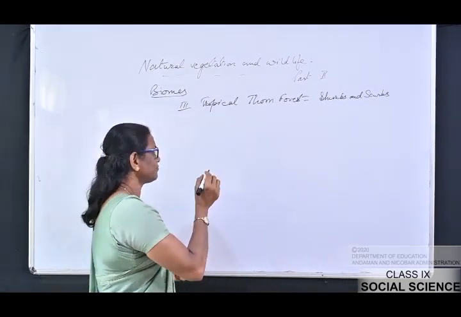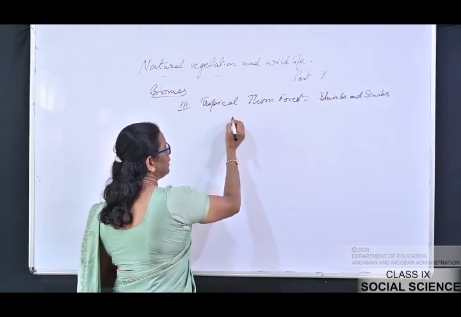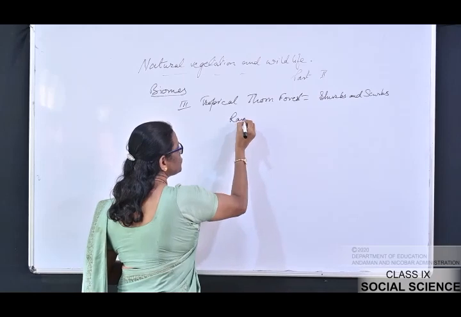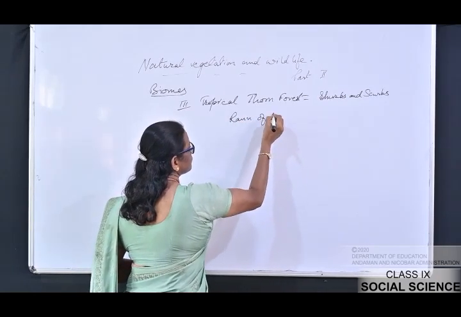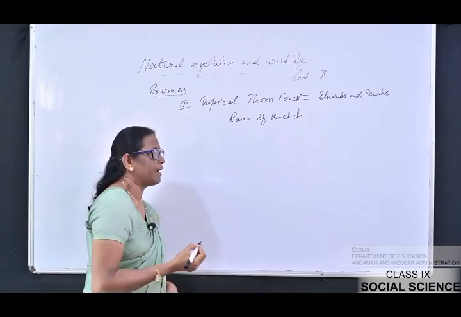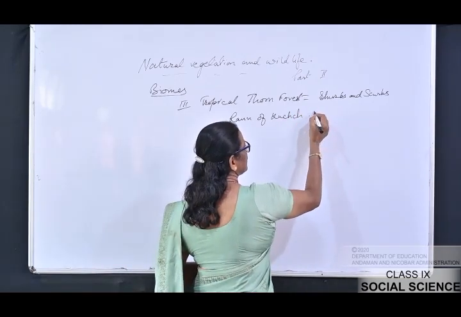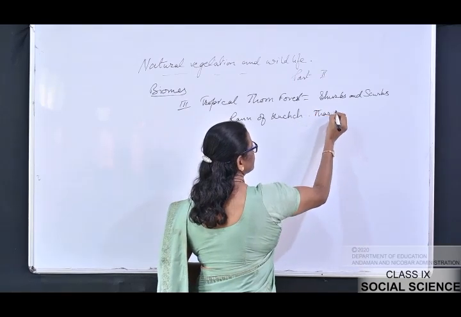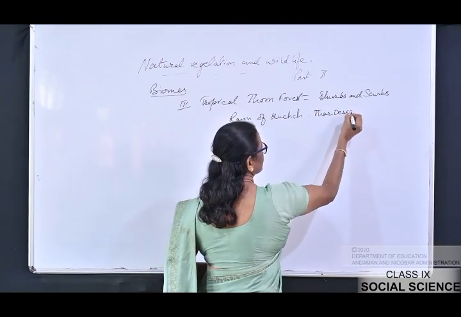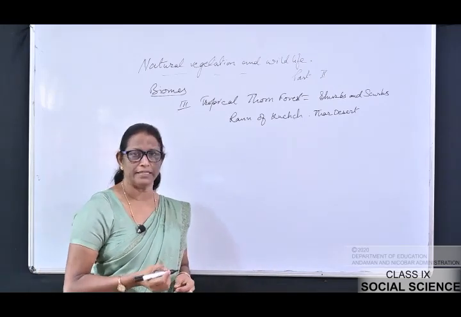So our desert area is in the western part of India, that is Rann of Kutch, Rajasthan desert, Thar desert, and the adjoining part of that area.